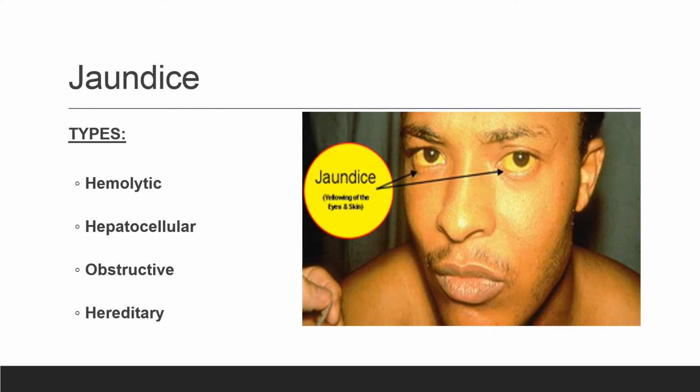So with the hemolytic type of jaundice, you see an increased destruction of red blood cells, and it's because the liver cannot excrete the bilirubin as fast as it is made. You won't notice any bilirubin in the urine. There will be an increase in urobilirubin in the feces and urine.